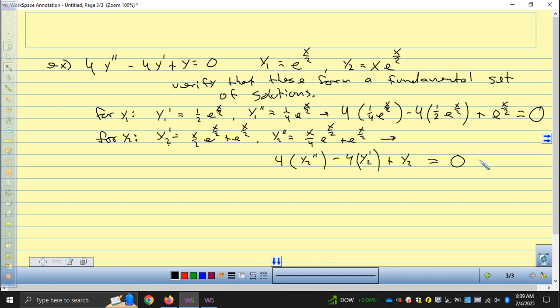What else do we need to make sure of here? We need to make sure they're linearly independent. So we're going to look at the Wronskian. We take the determinant of e to the x over 2, x e to the x over 2, 1/2 e to the x over 2, and x over 2 e to the x over 2 plus e to the x over 2.